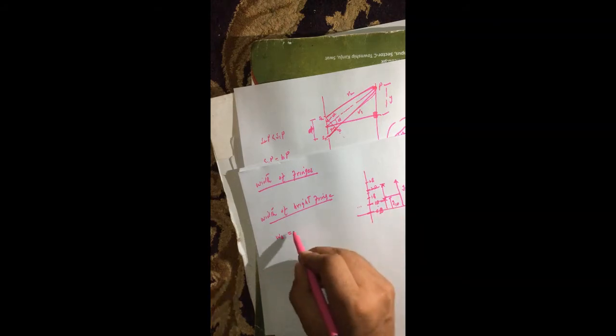This distance is y1d, the position of first dark spot, and this is the distance of second dark spot. So this will be equal to this minus this, so it's y2d minus y1d.